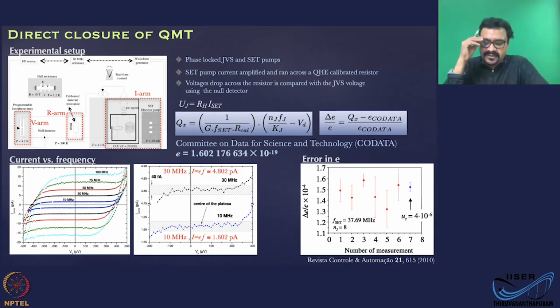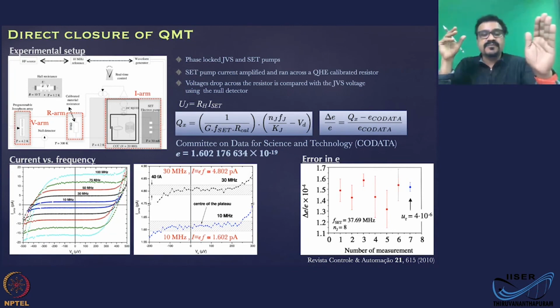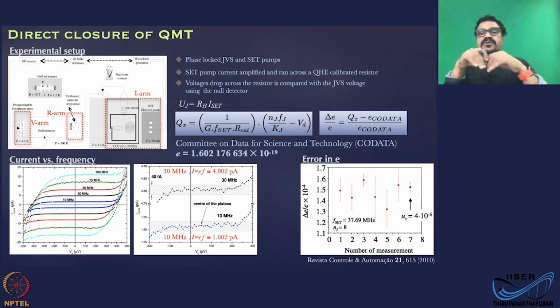So this is an interesting experiment, I would say. This very important experiment in quantum electrical metrology is where they have checked the accuracy of these three fundamental phenomena together, because you need accurate voltage measurement, accurate current measurement, and accurate resistance measurement. And when you combine all three, of course, you also need to make sure that the product of these three should be 2. That is the check that you are doing in this experiment.